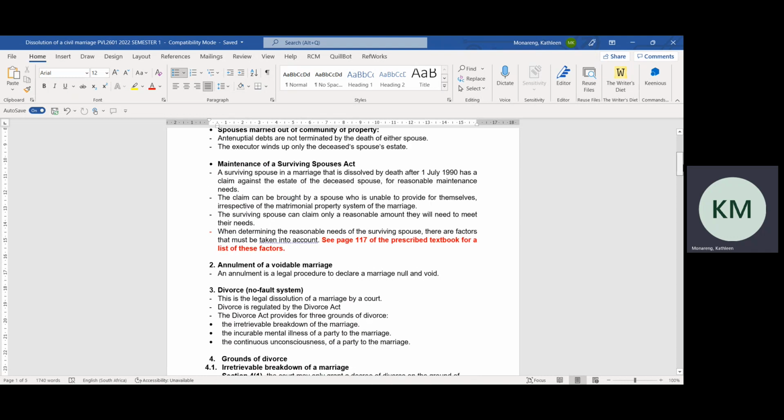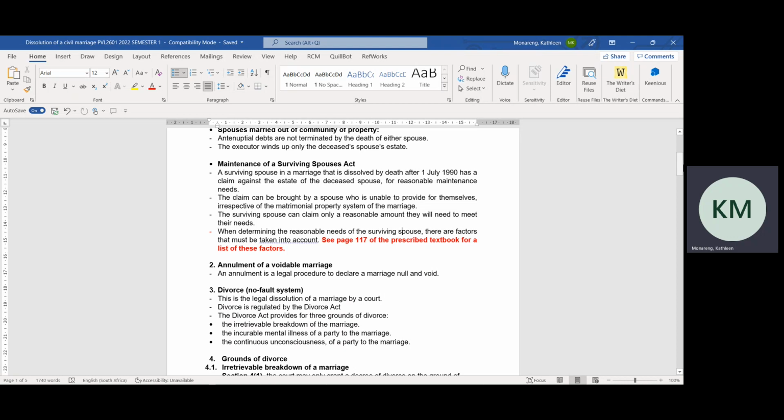It is also important to note that a surviving spouse who still needs financial assistance to meet their basic needs can bring a claim in terms of the Maintenance of Surviving Spouses Act. These claims can be brought by a spouse in financial need, irrespective of whether the marriage was in community of property or out of community of property.